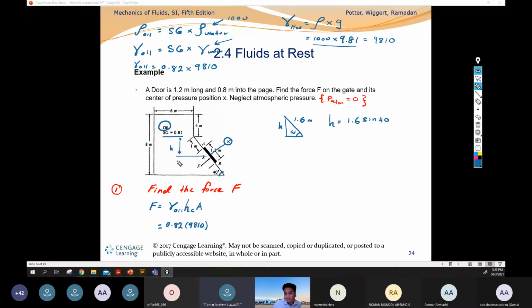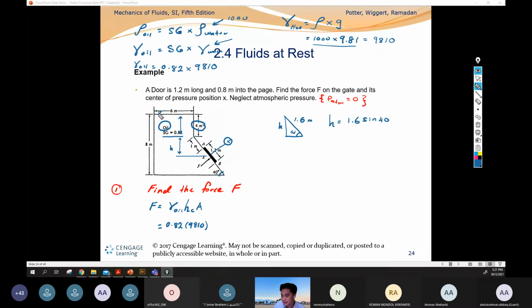How to get the HC? You have to plus what? What do you need to plus to get HC? Plus 4, Doctor. Yes, you need to plus 4. Can you see this 4? This is the rest of the height. This is h, so once you get this value h, you need to plus 4 because it is the reference level here.